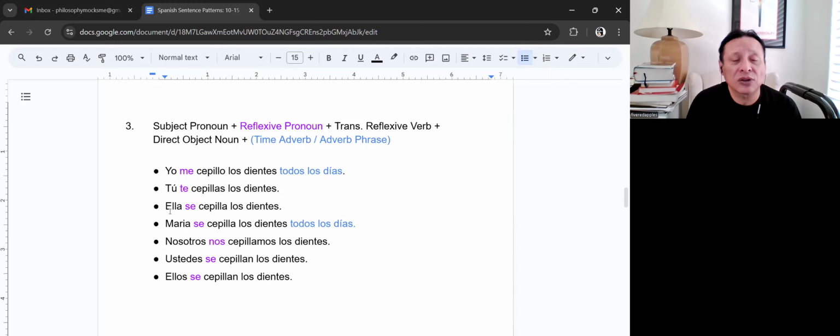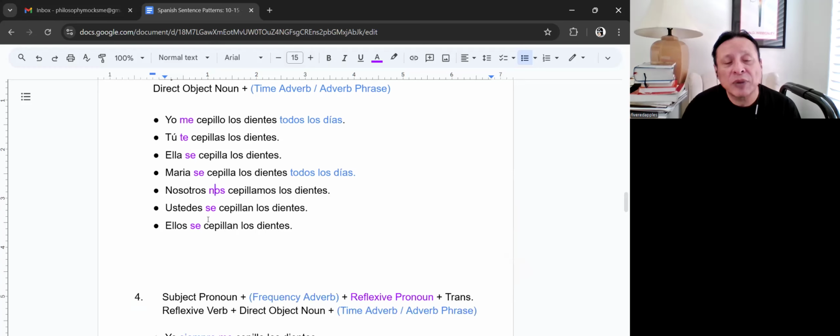So when you use the ella, it's most likely for clarifying who you are talking about. But with the nos, it's unambiguous, so you don't need the nosotros, and most commonly you wouldn't use it. Nos cepillamos los dientes, we brush our teeth. But to emphasize, if somebody's doubting whether you brush, you'd say, no, nosotros nos cepillamos los dientes. Yeah, we, to emphasize that we do it.